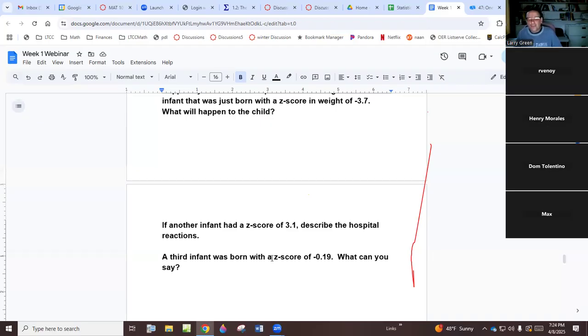But if I told you my Z score for my SAT score in math was about 5.3, what would you say? Yeah, not just above average, one of the top in all of America.